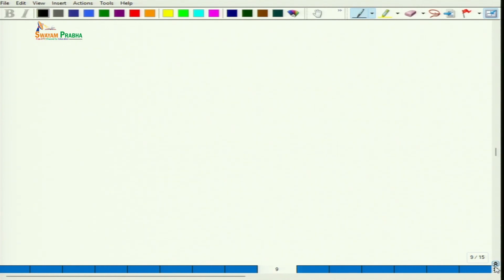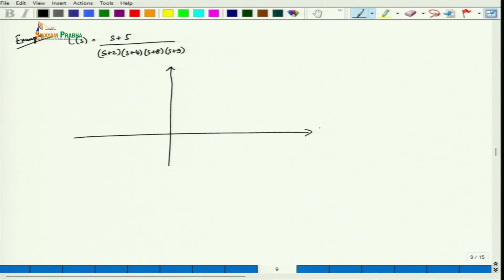So now we'll see another example where L of S is equal to S plus 5 divided by S plus 2 into S plus 4 into S plus 8 into S plus 9. So for this system we are going to plot the S plane, and we are going to focus next on doing a PZ map.